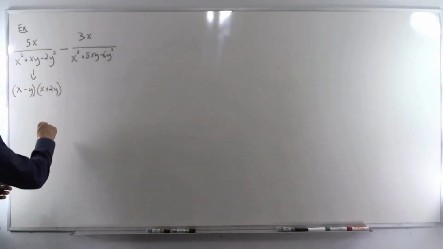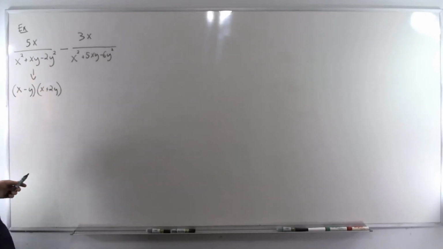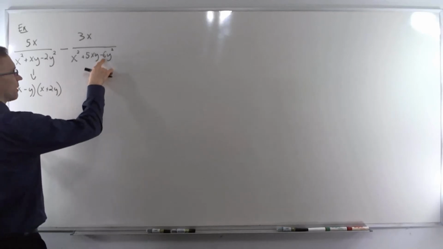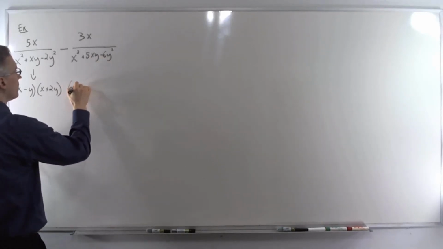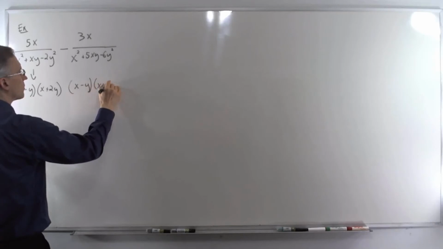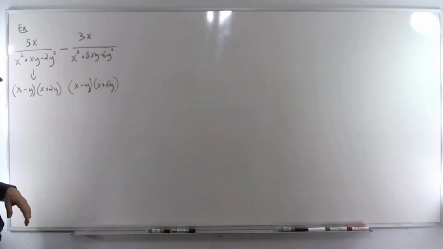We need two numbers to multiply to get negative 2 and add to get 1. So that's going to be negative 1 and 2. Now on this side, we need two numbers to multiply to get negative 6, add to get 5. So that will be x minus y times x plus 6y.